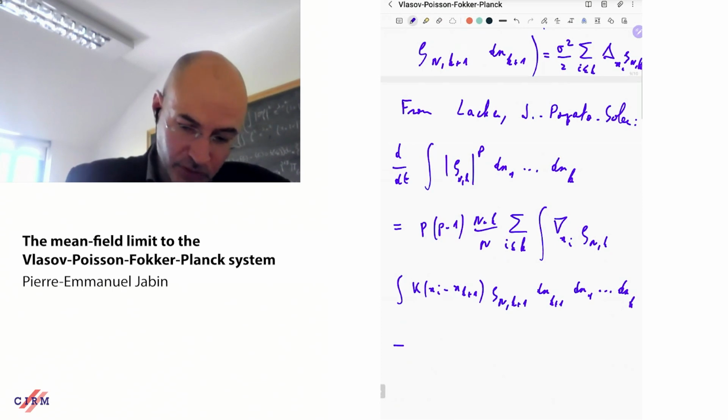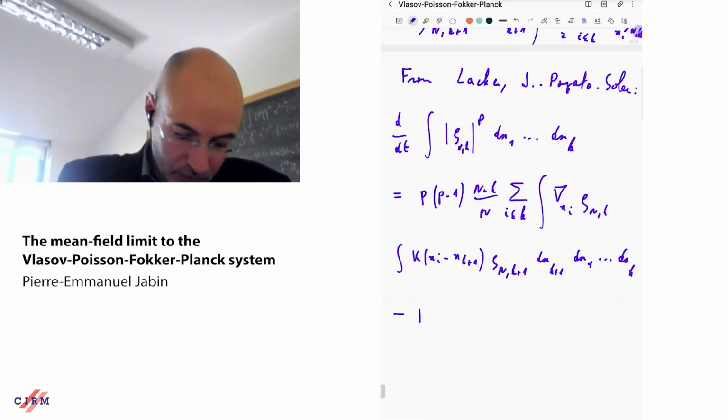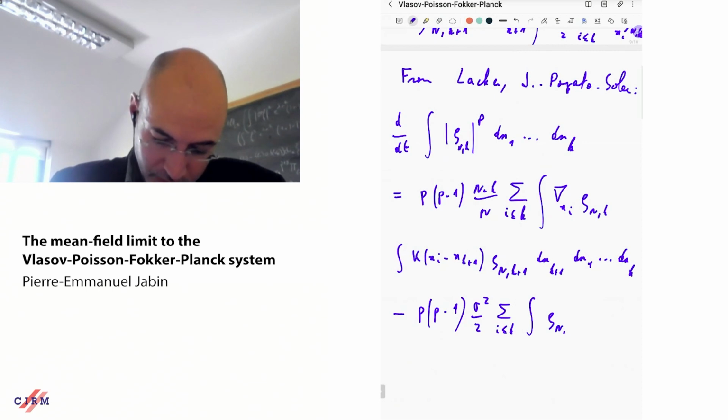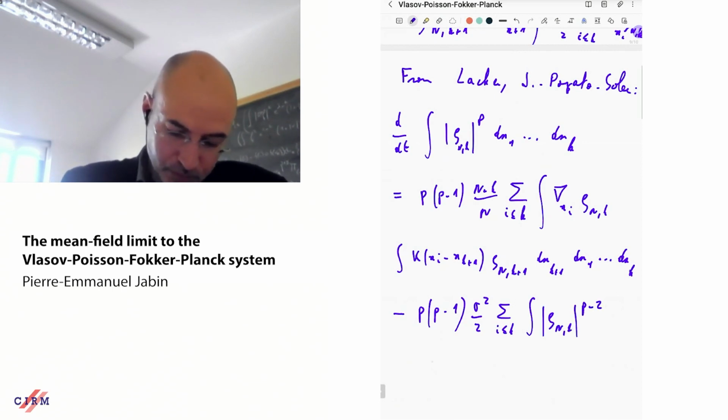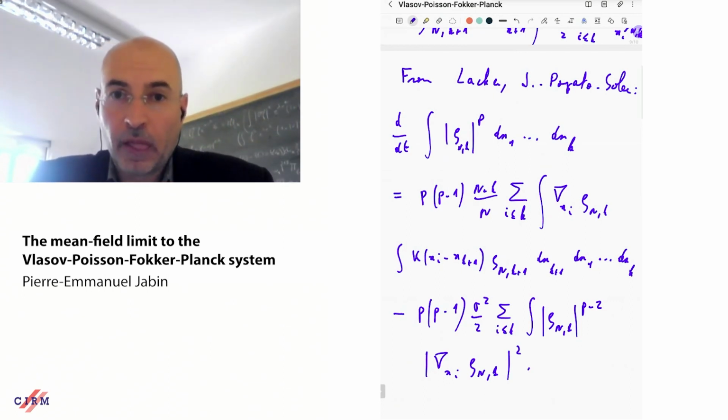And this is minus p minus 1, sigma square over 2, the sum over i of the integral of rho n k to the p minus 2, gradient xi of rho n k squared. Very, very trivial.